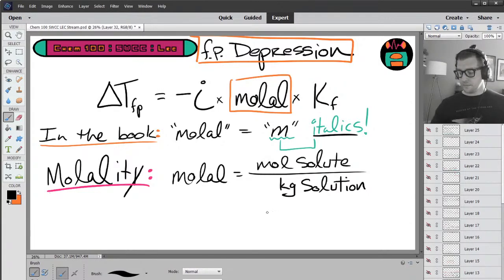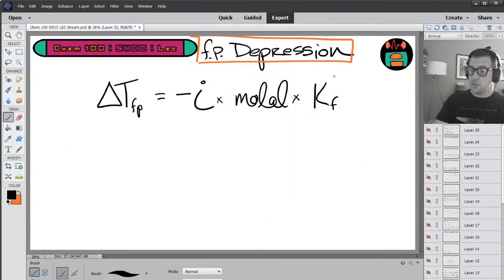All right. So now that we have discussed every component of this equation, this is the equation that tells us how much a freezing point will change as the concentration of solute changes.